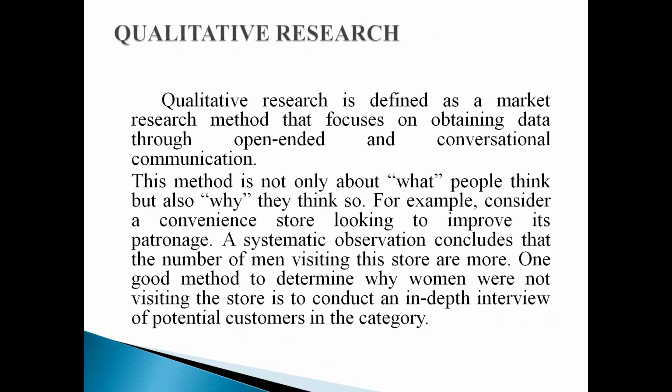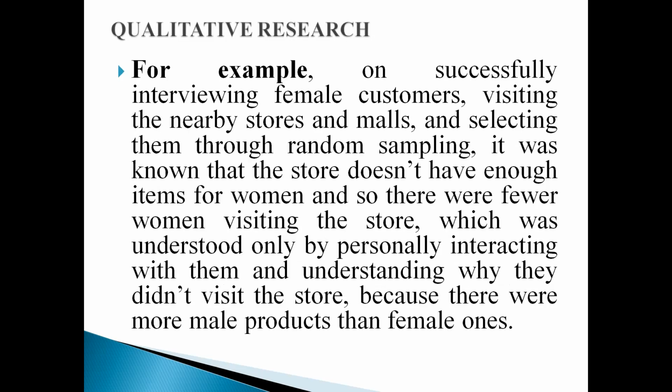For example, let us go into the depth of this. A convenience store is looking to improve its shop. A systematic observation concludes that the number of men visiting the store is more than the number of women visiting that particular store. After careful research work, successfully interviewing female customers selected through a random sampling method, it was found that the women visiting the store was less.